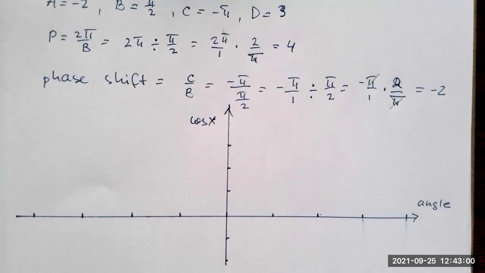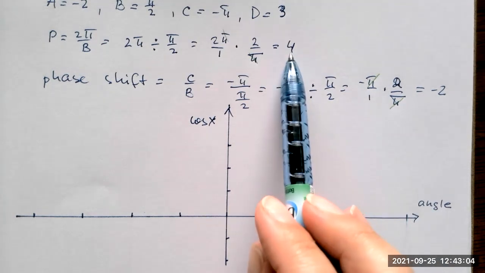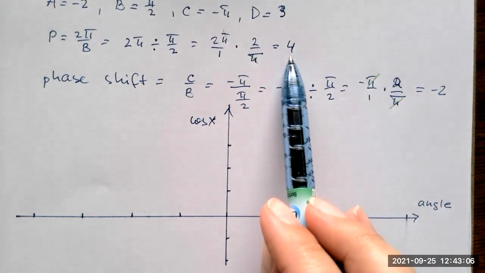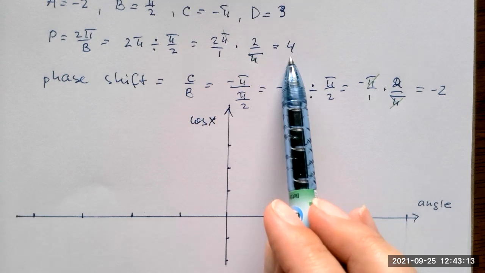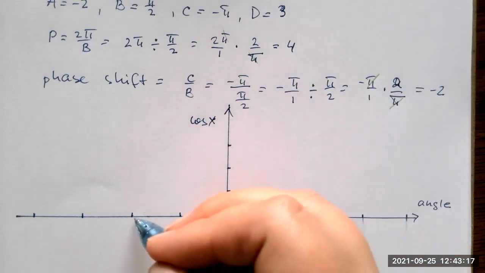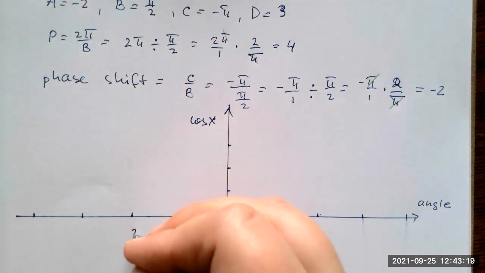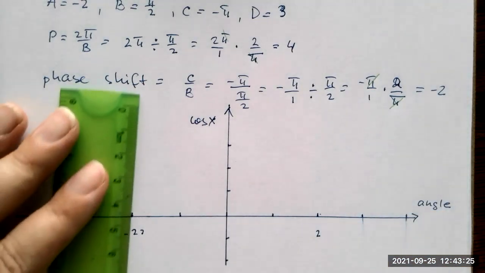Okay, so this is my scale, and the period is 4, so let's graph one period first. The phase shift is -2, so my period is going to start here at -2, and it's going to stop at +2.